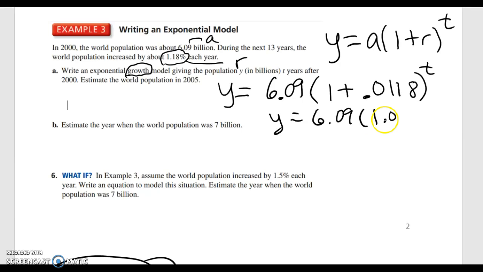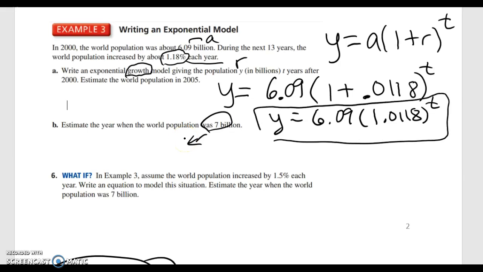y equals 6.09 times 1.0118 raised to the t. And then we can do whatever we need to do with this equation. They want us to estimate the year when the population is 7 billion. So again, ask yourself, what's the 7 representing? The time or the y? You're going to want to graph the equation that we just wrote and look for when y is 7 billion.